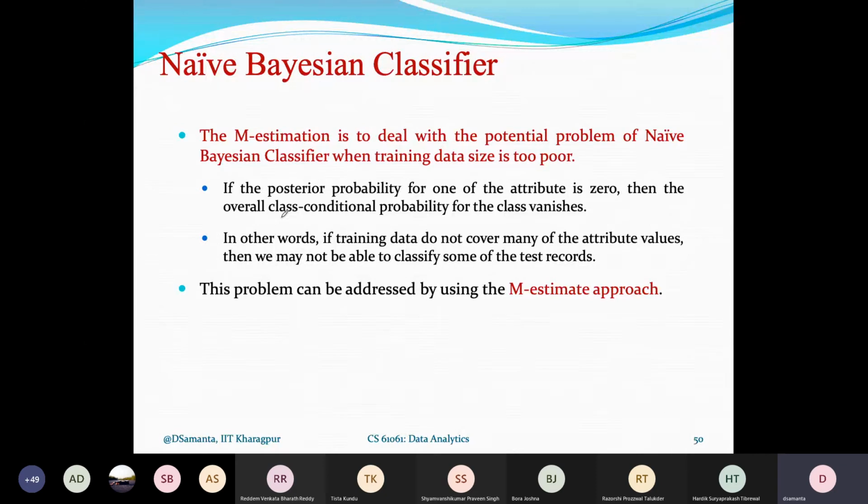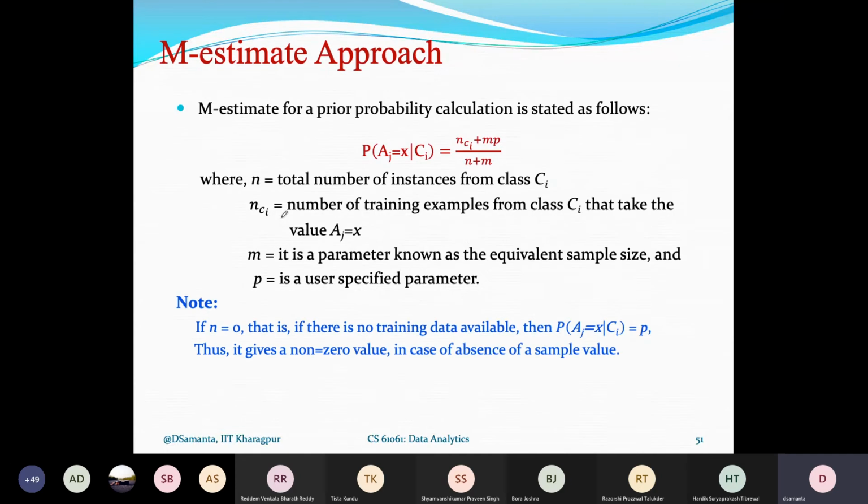If a particular attribute does not contain all possible values, it may give a zero in the posterior probability calculation, and if it occurs for a particular class level, then the class probability calculation will give zero probability. That is not desirable. To address this problem there is an approach called the m-estimate approach. Now let's see what the m-estimate approach is.